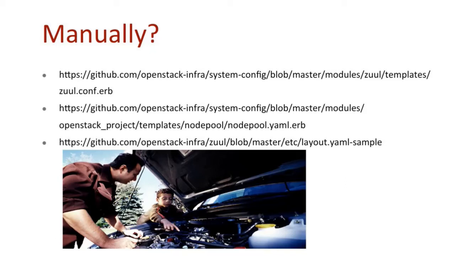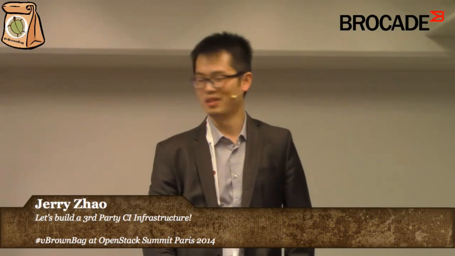So I did everything manually, and did the configurations and debugging. It helped me understand, but it took me a lot of time. But they have those repos to store their configuration templates, so you can refer to those templates to configure your own environment. So that's pretty much what I want to talk about for this third-party CI.